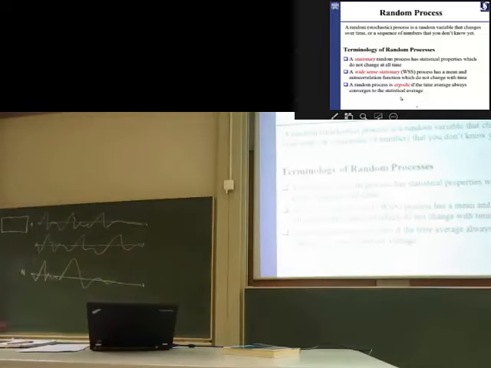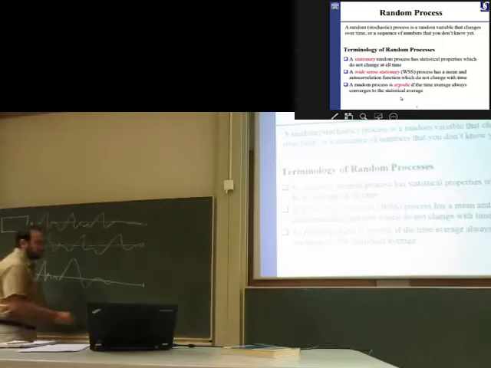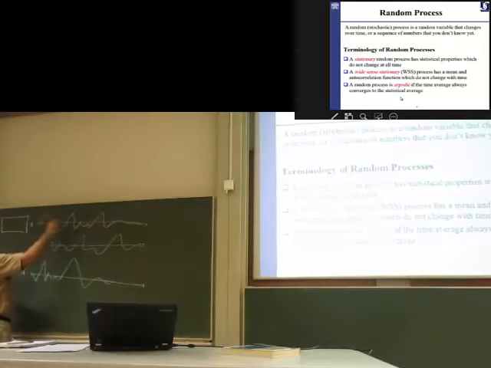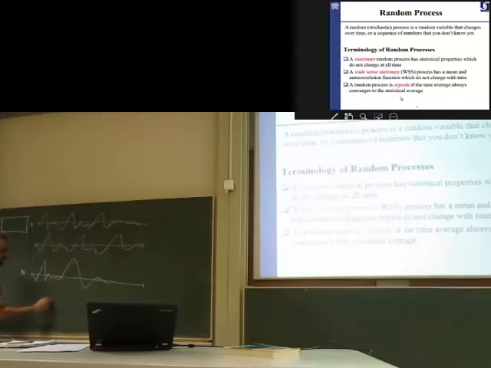If you get the values of the signal at a specific time, for example, this specific time here, t1, and you get the values of the signal for all these outcomes, that will create a random variable x1.